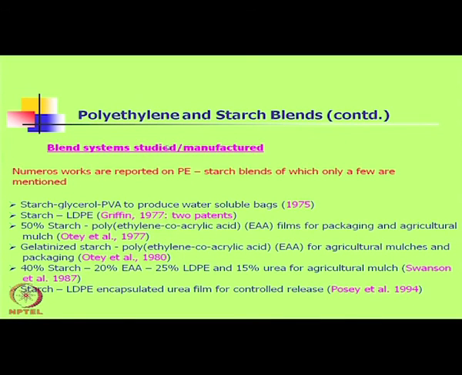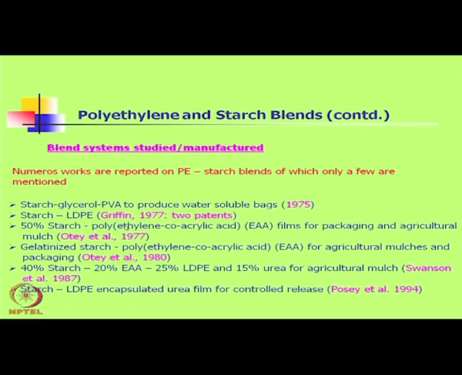So, there are blend systems already manufactured, and products are available in the market. These are the systems: starch, glycerol, polyvinyl alcohol, which produce water soluble bags. A starch LDPE blend has been produced and patents have been taken on this process technology.